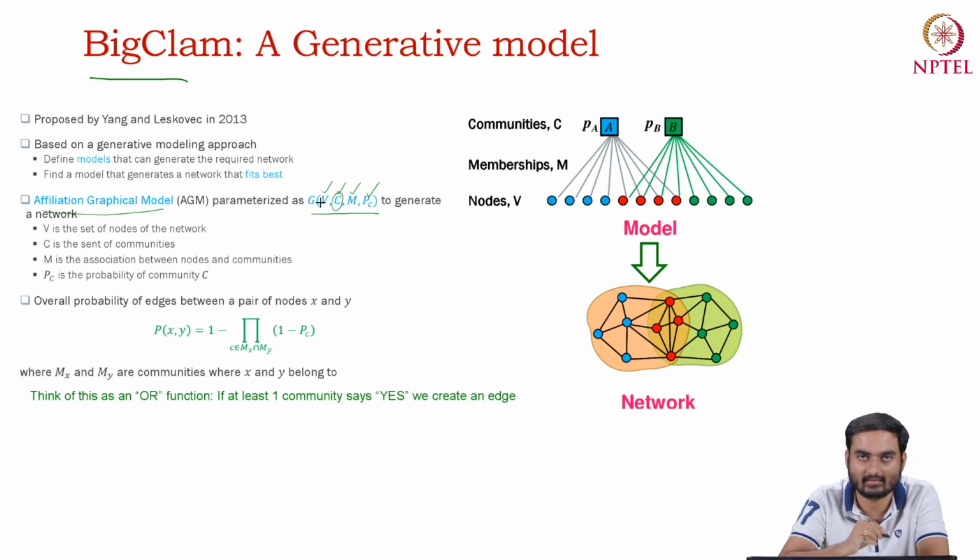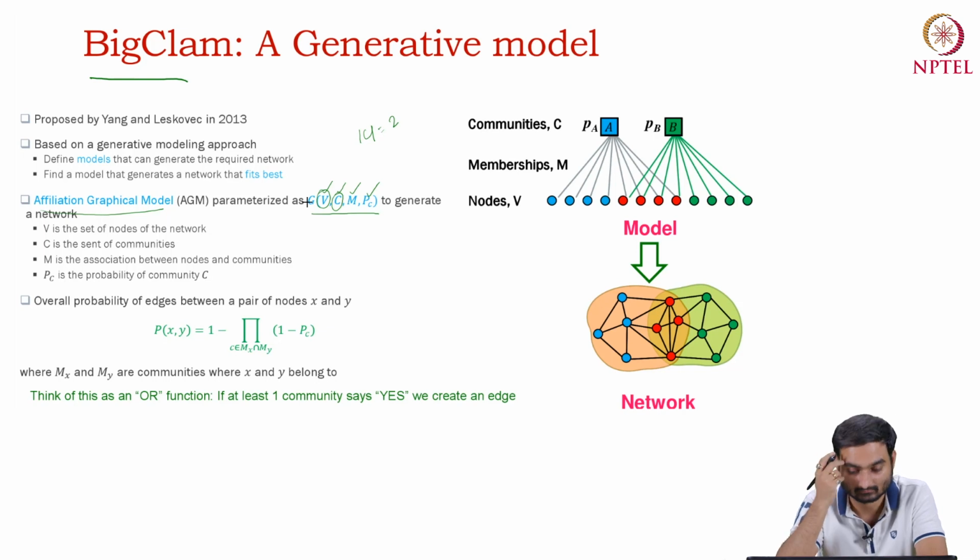So here C is the community set, and the cardinality of C is 2, let us say. V is given, we know the set of vertices, we know the number of communities, but we do not know how these communities look like. We do not know this M. M is a parameter which we learn, and we also do not know PC, which we will also learn. So what is the idea here?